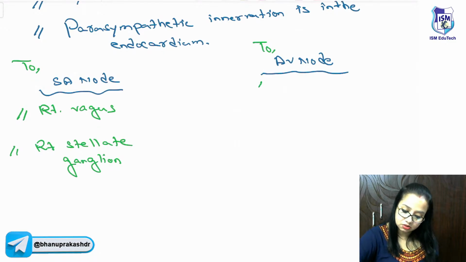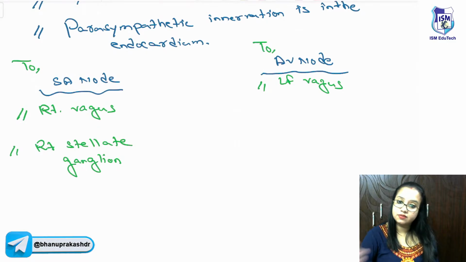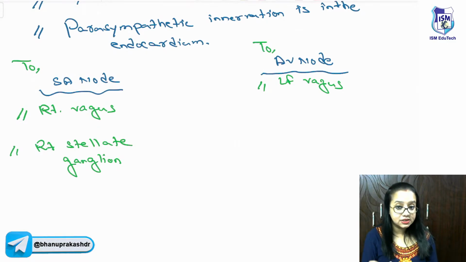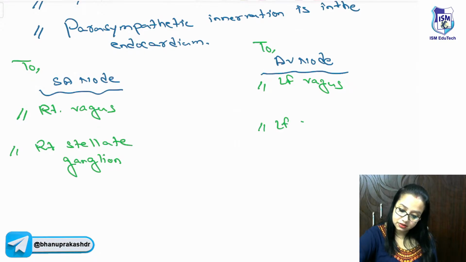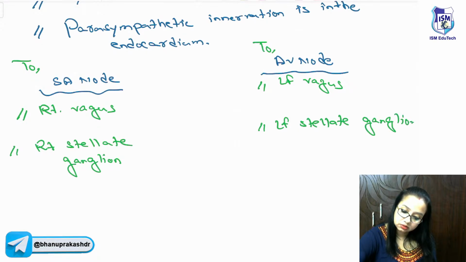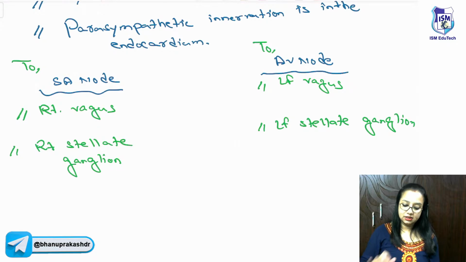To the AV node, the left vagus, the left branch from the vagus, because the AV node is comparatively a left-sided structure, right? The left vagus and the left stellate ganglion are the innervation that they receive.